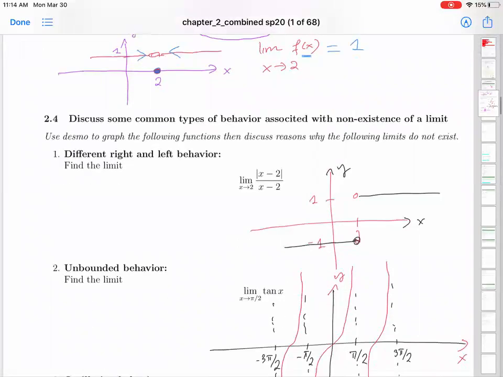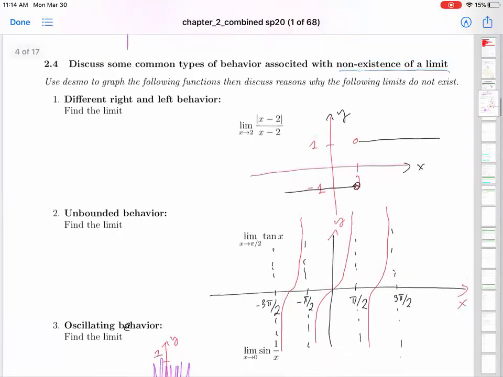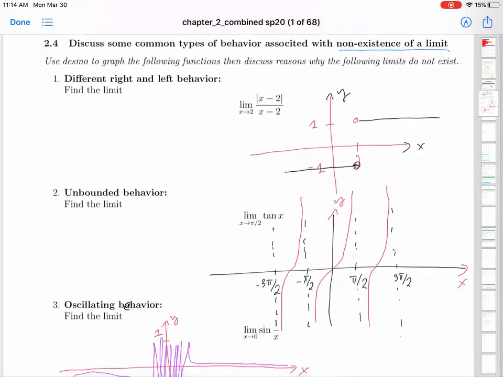And now we can discuss the 3 common types of behavior that are associated with non-existence of a limit. Let's go to the first example. So this example shows you the different behavior, right? The behavior that is different from the right and from the left.